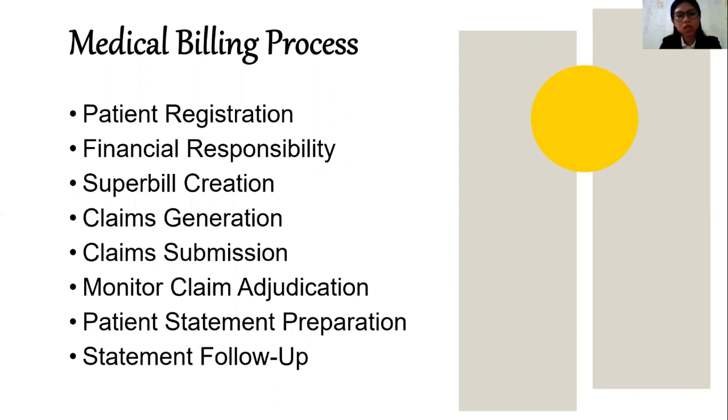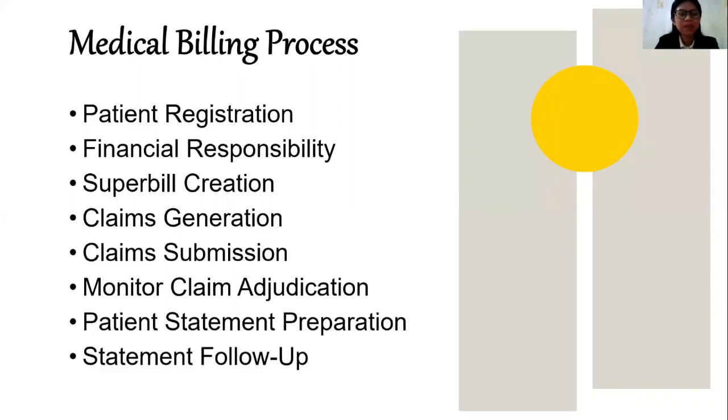Insurance information is also collected, including the name of the insurance provider and the patient's policy information and numbers, and verified by medical billers. This information is used to set up a patient's account that will be referred to during the medical billing process.